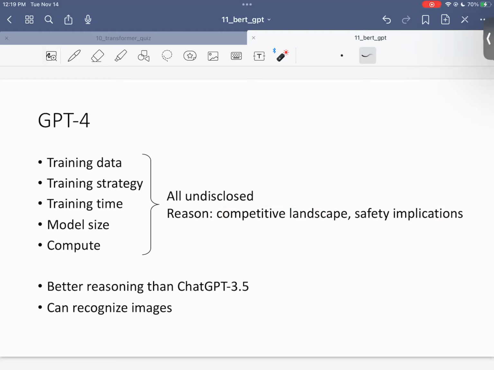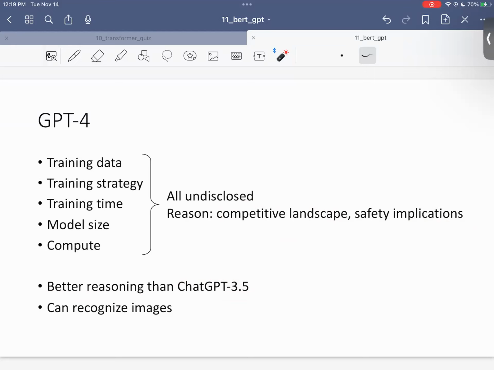And it is said that it has better reasoning than ChatGPT 3.5. If you've used ChatGPT 3.5 and GPT-4, you'll immediately see that GPT-4 is way better at complex logical inference and reasoning tasks than GPT 3.5. And it understands your input context way better than GPT 3.5.